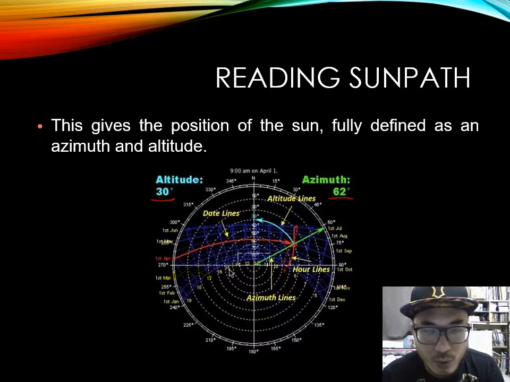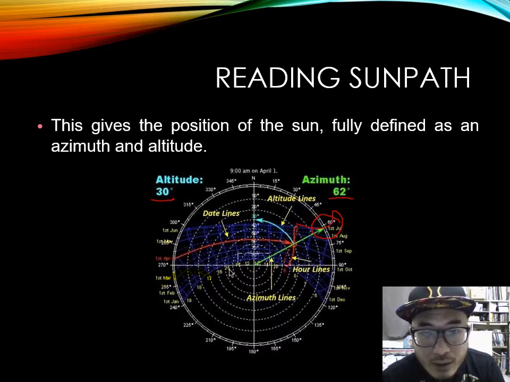So how should we find the position? What we see here is the outer ring, which is the azimuth. It shows here 62, roughly this area.